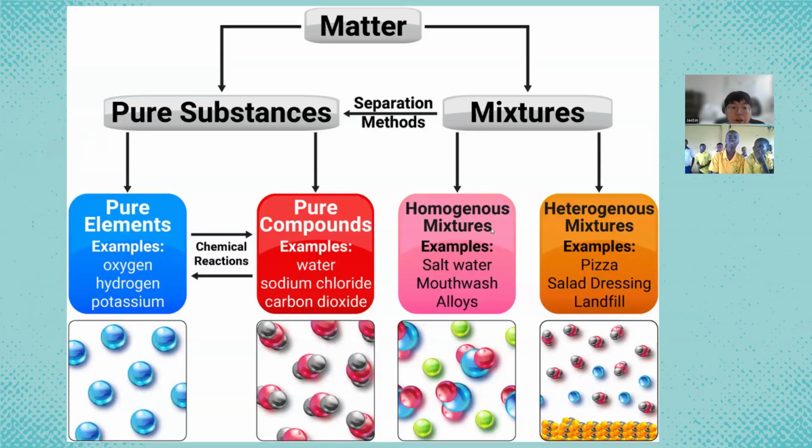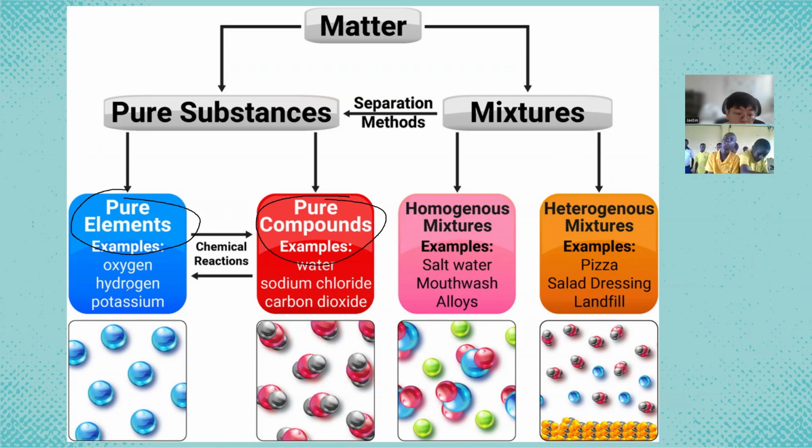But first of all, it is important to know what a mixture versus a pure substance is. What is the difference between pure substance and a mixture? Well, a matter can be both of them, but pure substance consists of pure elements and pure compounds.